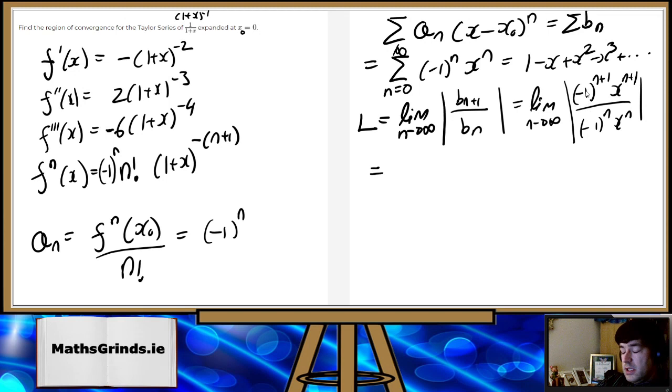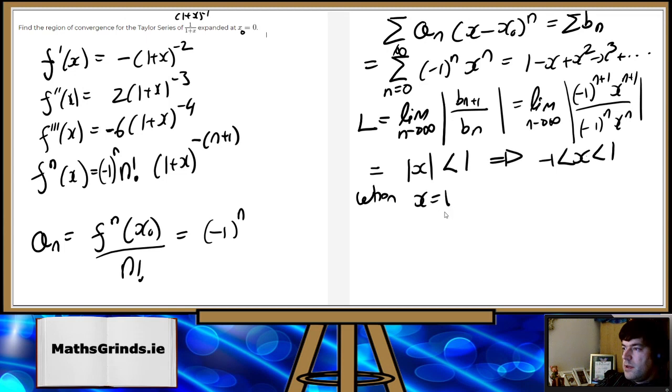Because these are minus 1s or plus 1s, the absolute value of it is 1. So it's just going to be the absolute value of x. We need that to be less than 1, so that would mean that x should be between minus 1 and 1. But we should check what happens in the case of 1.